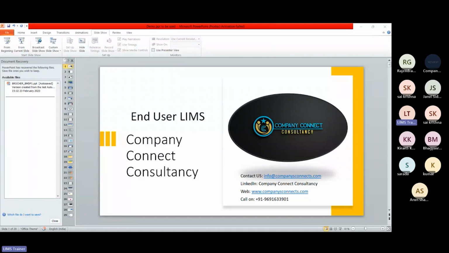So we integrate these instruments to our LIMS software. When we integrate such instruments, all the data is collected directly into LIMS software. So it avoids any chances of data leak. It avoids any mismatch in the audit.